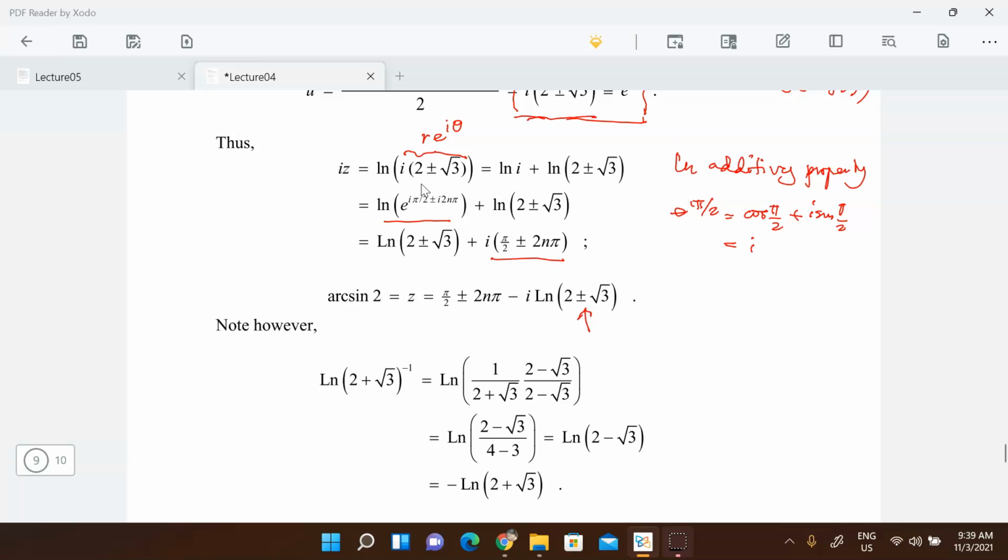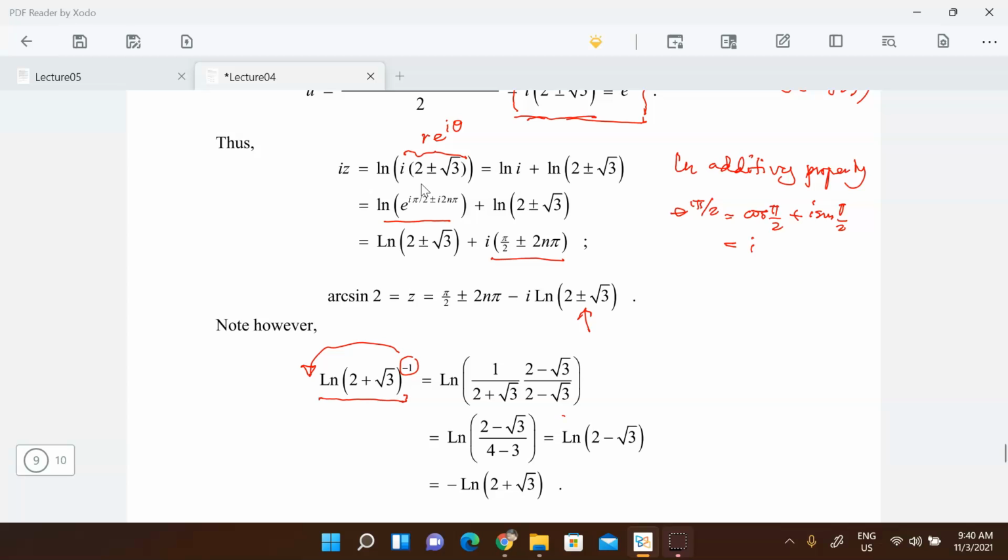Now you can simply use this part of the expression and bring the power to the front, so you get minus log of 2 plus root 3.